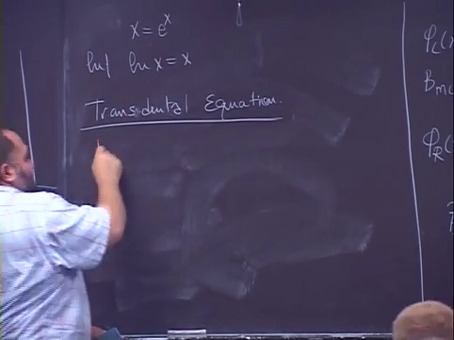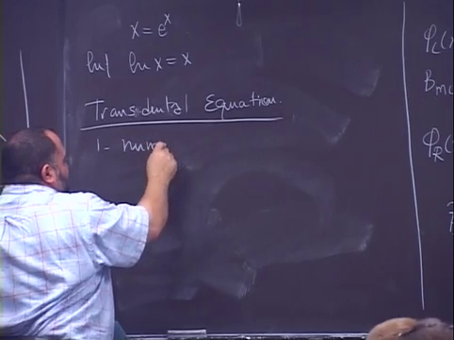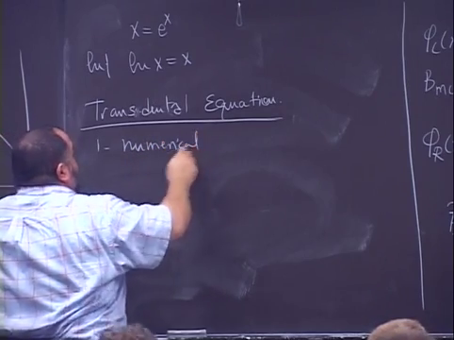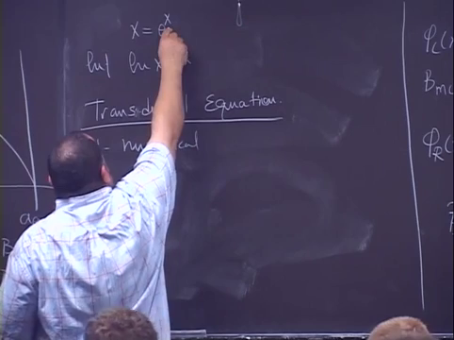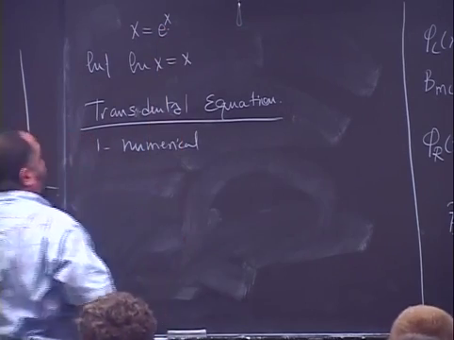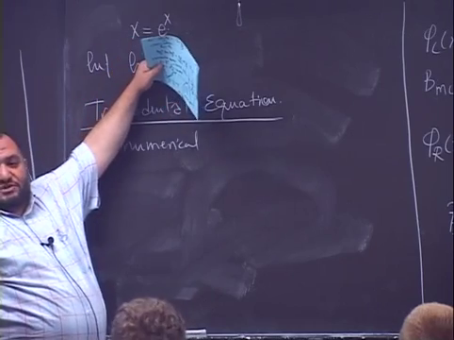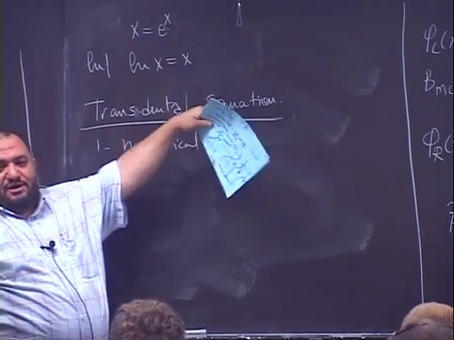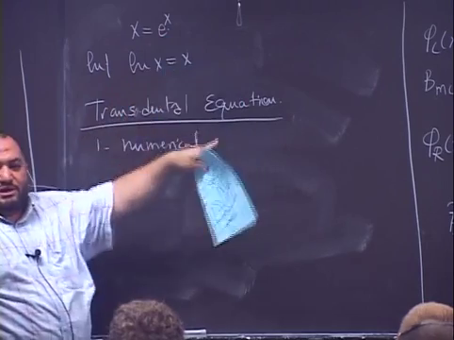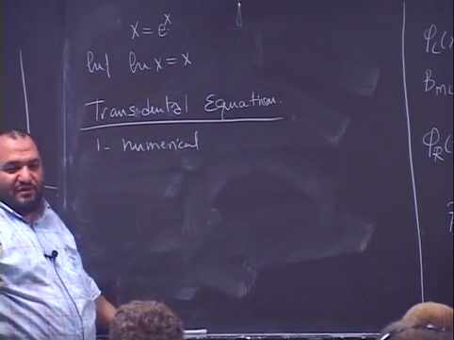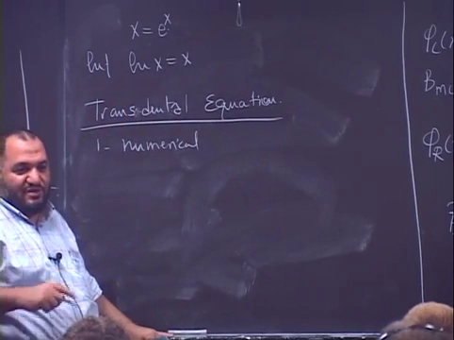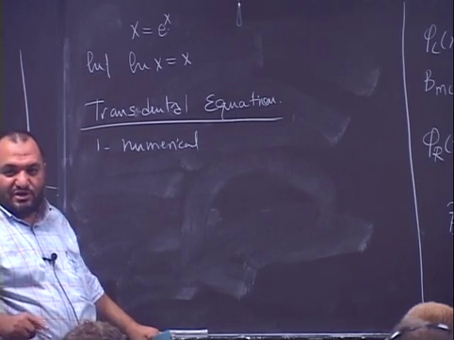The first one is numerical. All you do is guess an initial value for x, substitute, and see if it gives you the same value on the other side. Then iterate until you find the correct value of x that makes both sides equal.